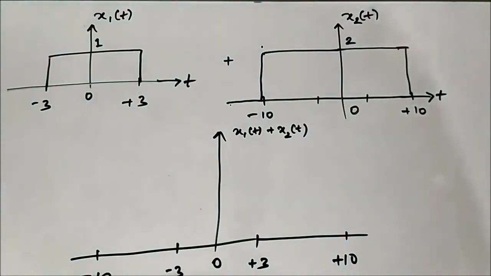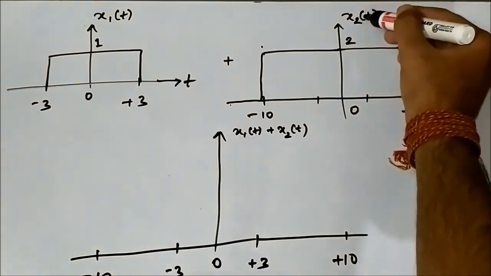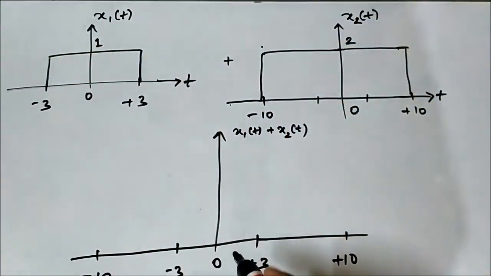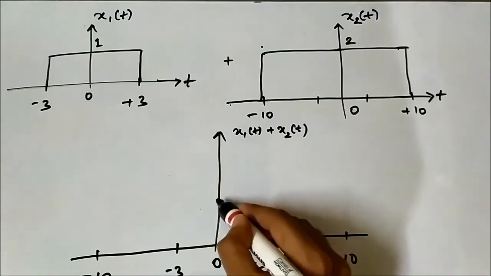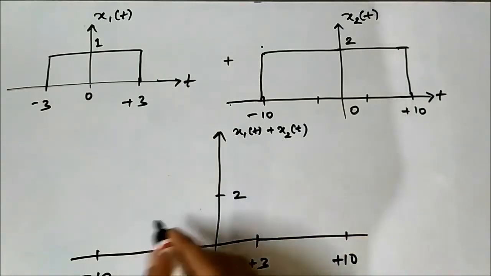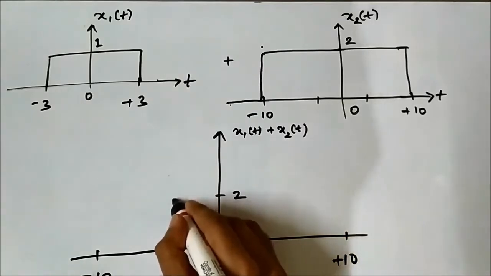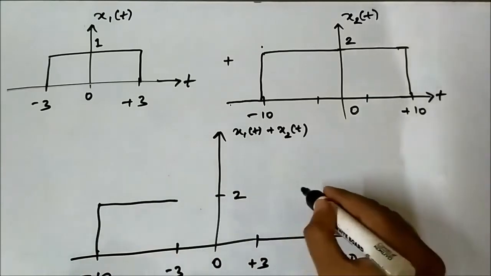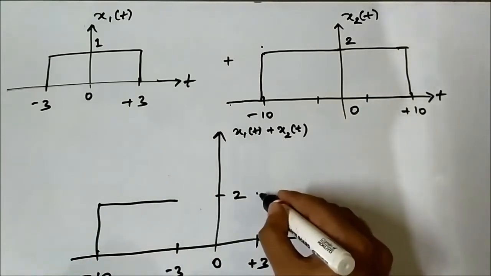So in between these two intervals, the value of the signal will be 0 plus 2, which will be 2. Okay, 2, which is this. And here also it is this.